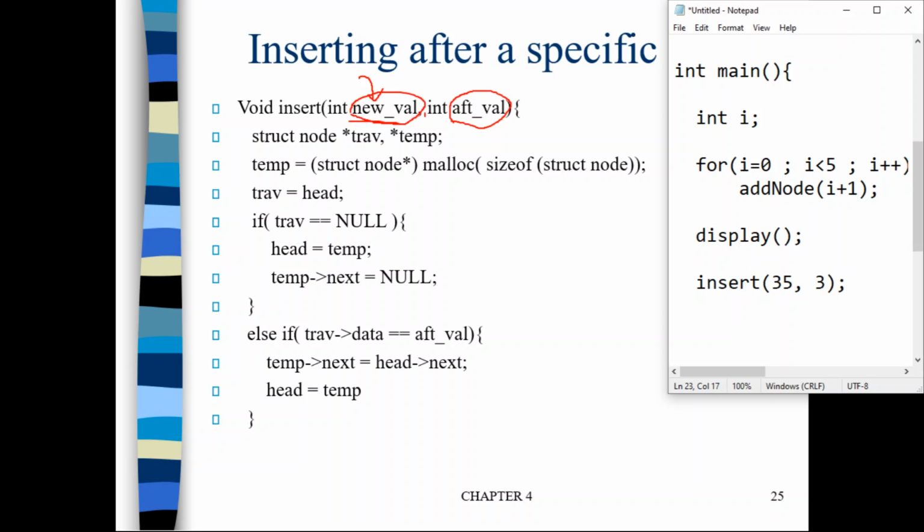This should insert a new node after the third node, and this new node's data part will be 35. Then this new node will point to the node whose data part is 4, and that node will point to the node whose value is 5.